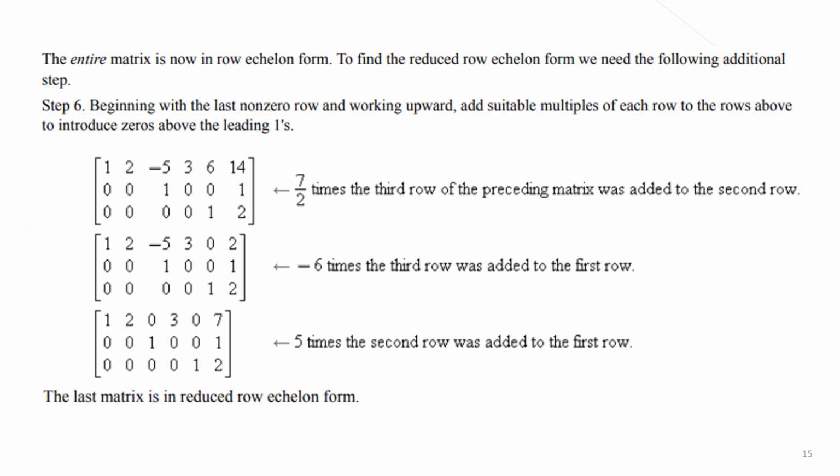Next, after it becomes the row echelon form, you can continue until you make them become the reduced row echelon form.